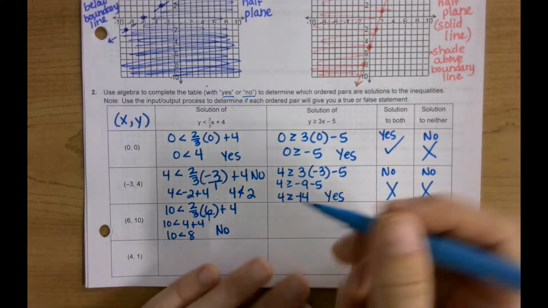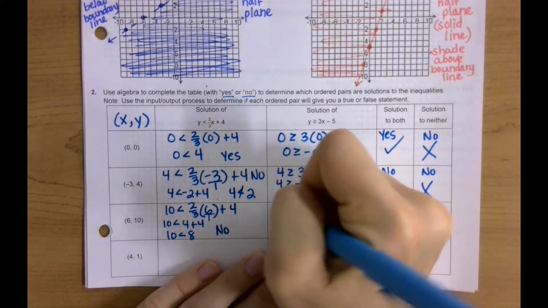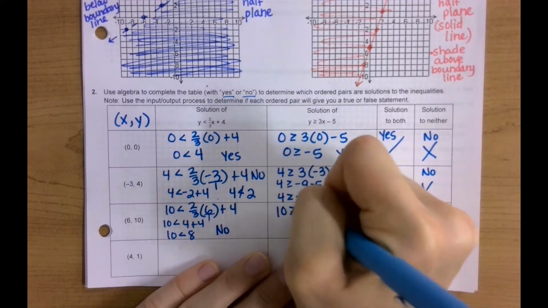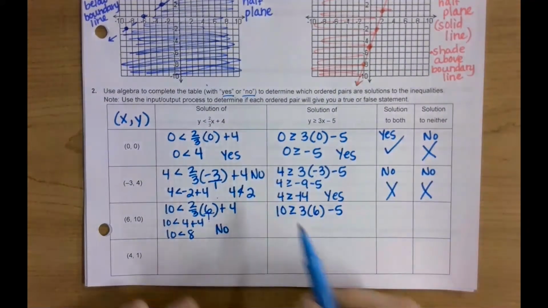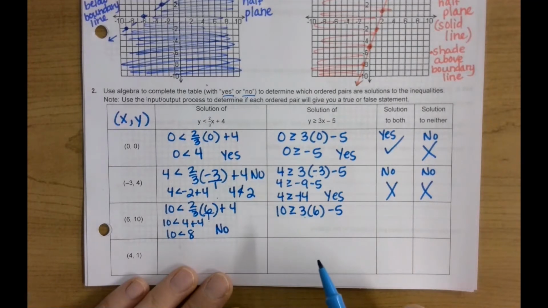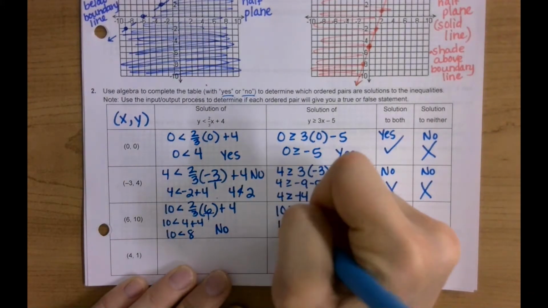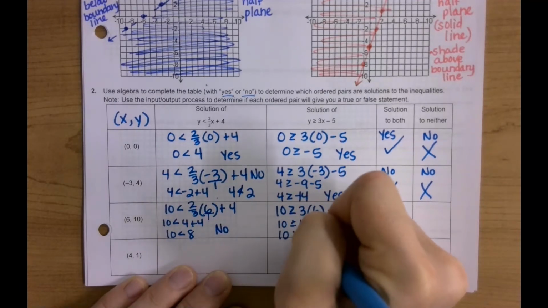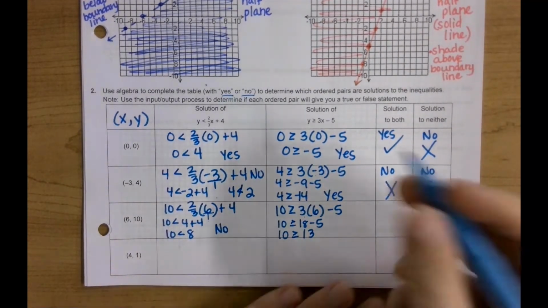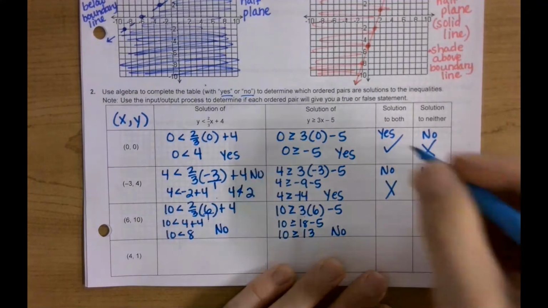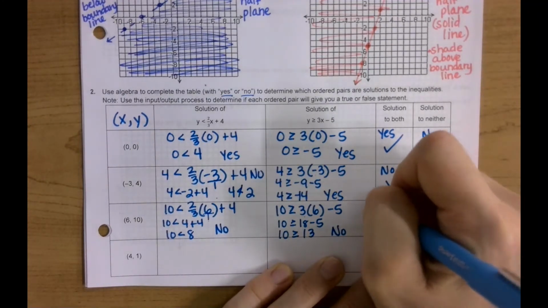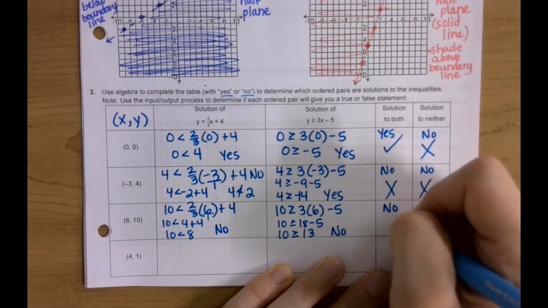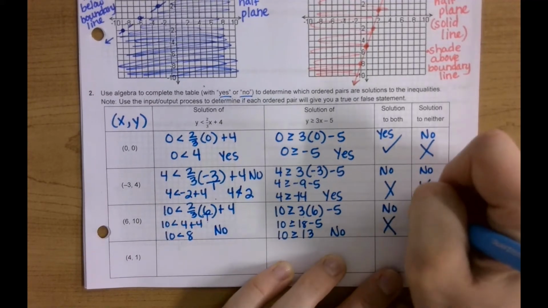No. All right, plug it in over here. 10 is greater than or equal to 3 times 6 minus 5. 3 times 6 is 18. 18 minus 5 is 13. 10 is not greater than or equal to 13. No. So that would be solution to both, no. Solution to neither, yes.